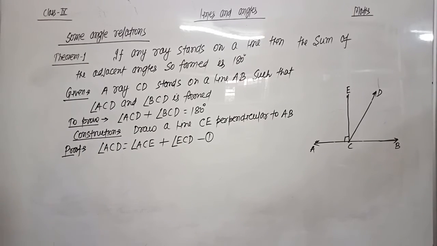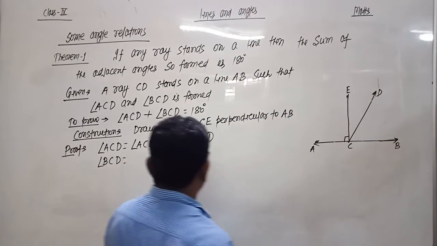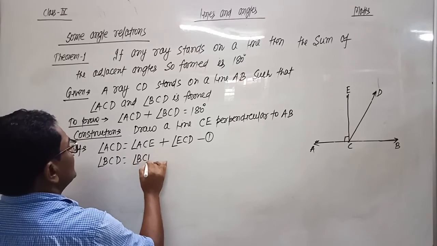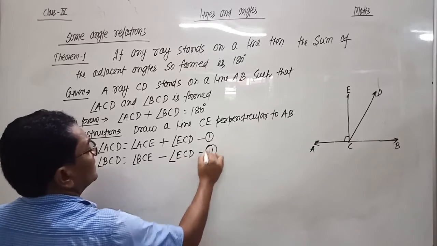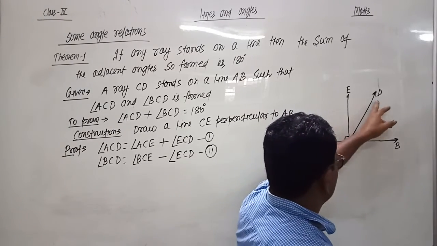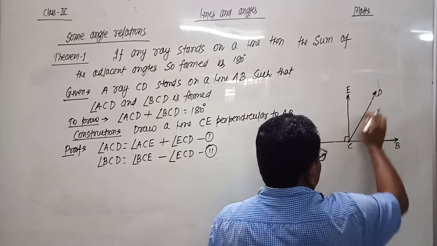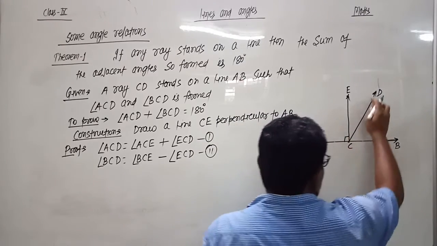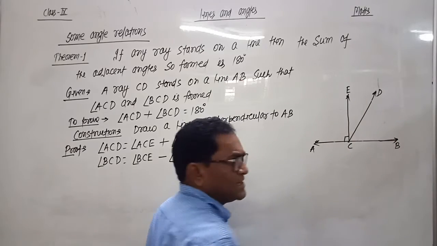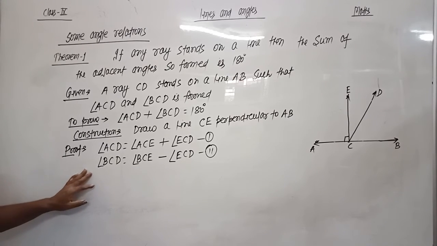Similarly, angle BCD can be written as angle BCE minus angle ECD, because when angle ECD is subtracted from BCE, we get angle BCD. Now add both the equations.